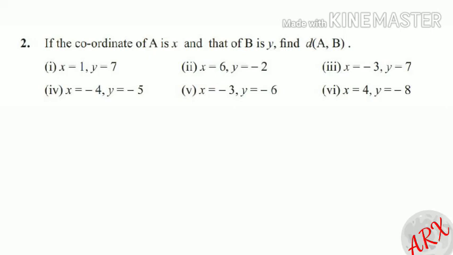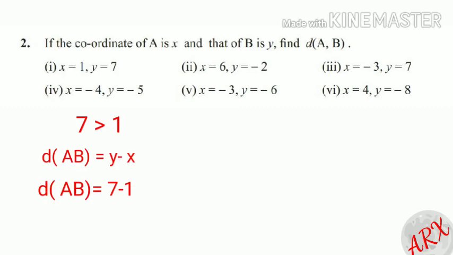Question number 2. If the coordinate of A is x and that of B is y, find distance AB. Now first question, x equal to 1 and y equal to 7. Now 7 is greater than 1, hence distance AB equal to 7 minus 1. Distance AB equal to 6.